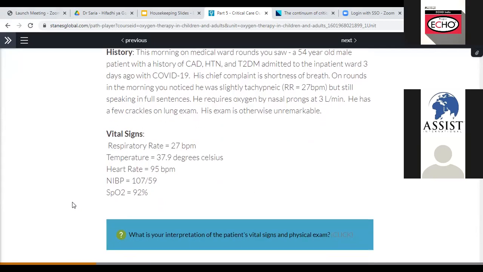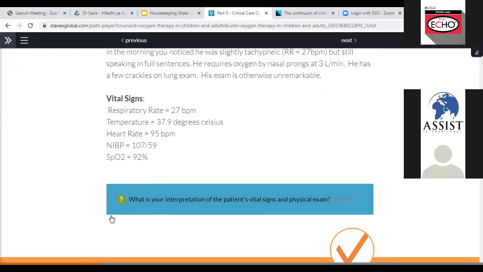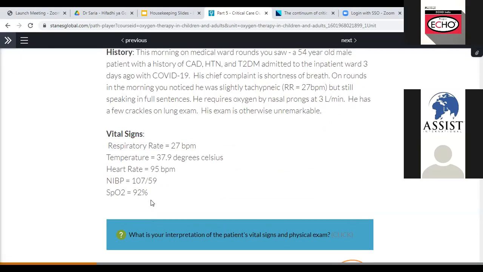So my question to you is, what's your interpretation of the patient's vital signs and the physical exam? I want us to respond on the chat box. From these findings, the vital signs and the physical examination, how do you interpret them? I welcome anybody to be free to say what you think about these vital signs and these findings on the examination.